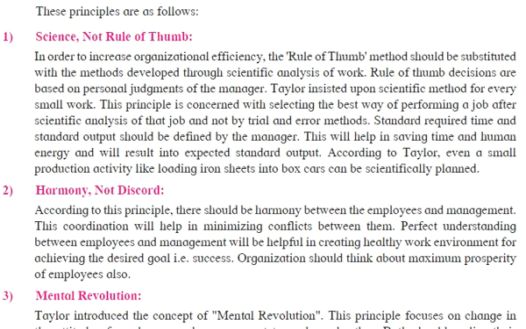Perfect understanding between the employees and management will be helpful in creating a healthy work environment for achieving the desired goal. For success, an organization should think about the maximum prosperity of employees also. This is harmony, not discord.